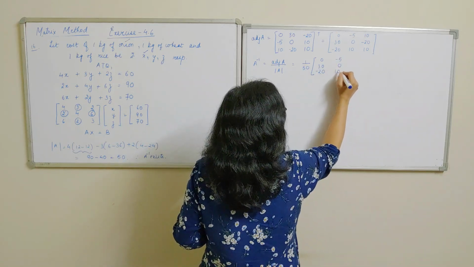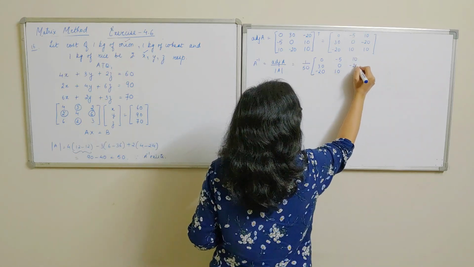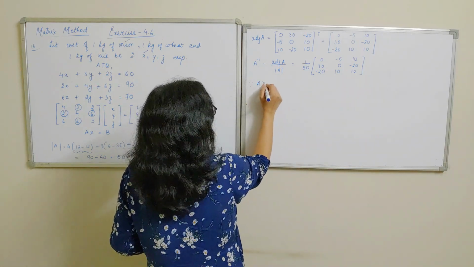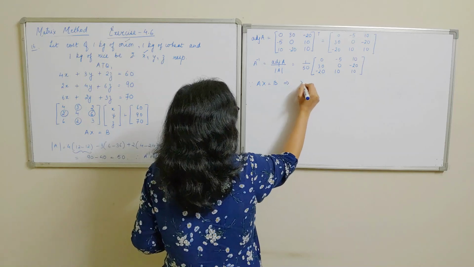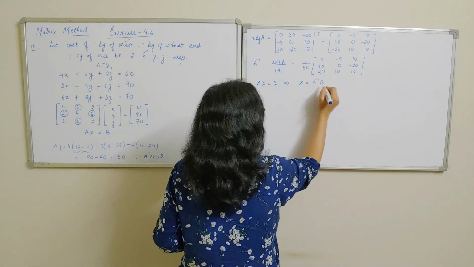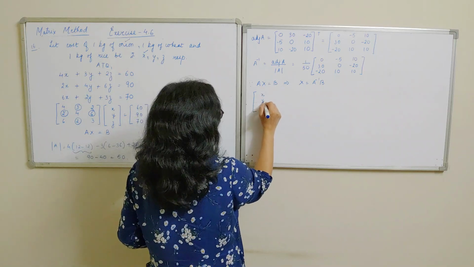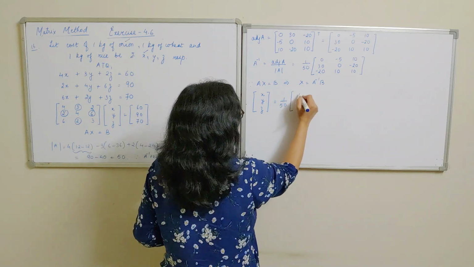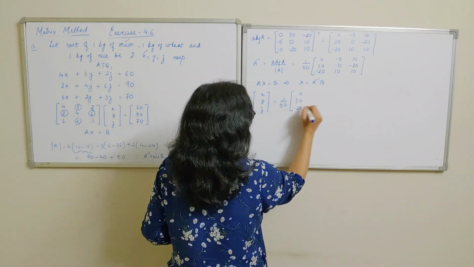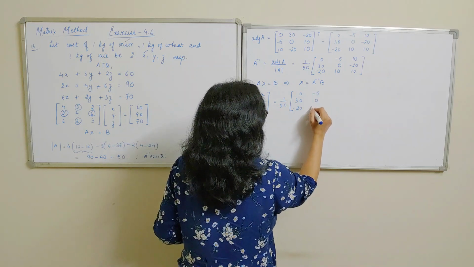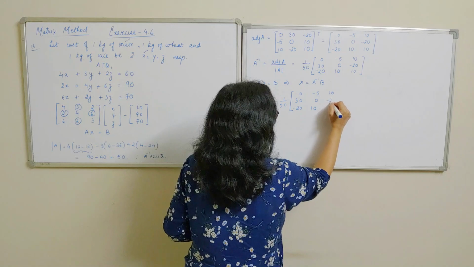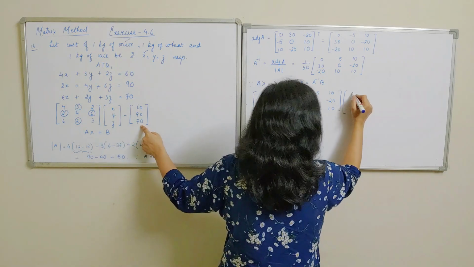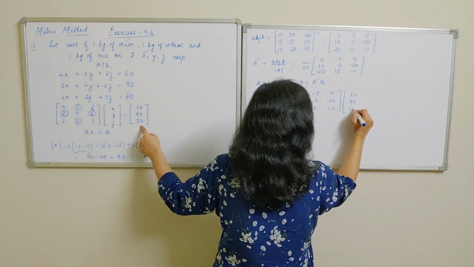Here again, we will not do this scalar multiplication, leave it as such, and then since AX is B, we know X will be A inverse into B. So substituting or writing down the matrices, the inverse matrix multiplied by matrix B. So matrix B is this 60, 90, 70.